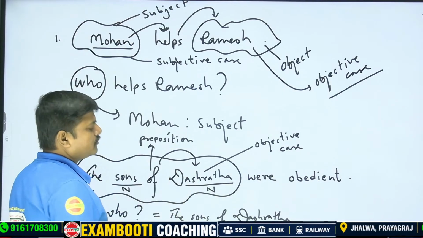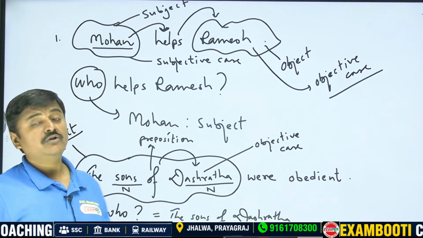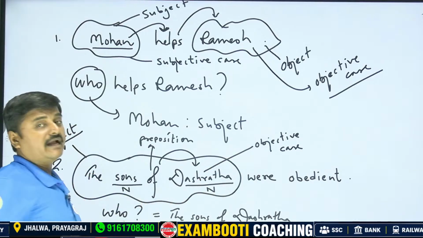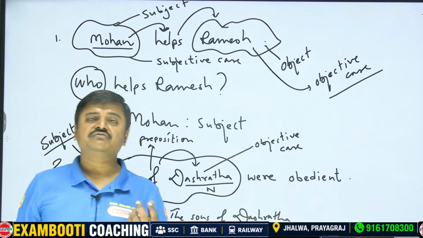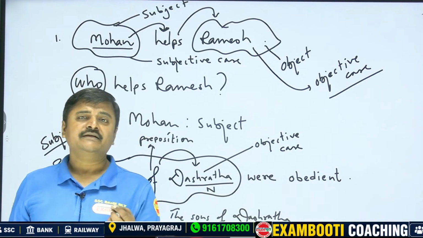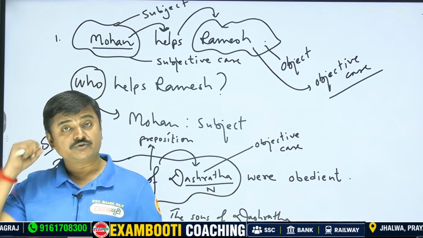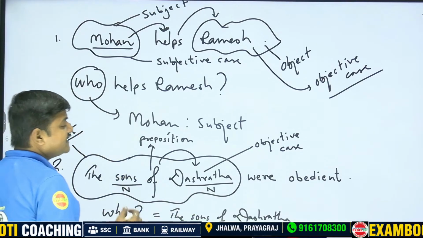And we all know that the verb is always used according to the subject. But if the subject is so long, it has so many words, how do we decide which word is going to play the crucial role in putting the verb? So, you have to see which noun is in subjective case.